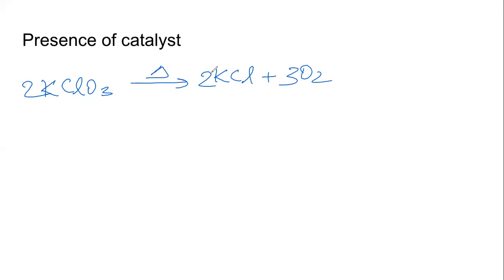Now, the speed of this reaction can be increased by the presence of a catalyst, which is manganese dioxide. Mn for manganese, O2 is dioxide, manganese dioxide. So if manganese dioxide is there, this reaction is faster. So manganese dioxide acts as a catalyst.